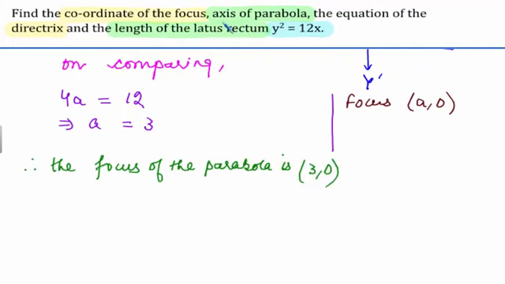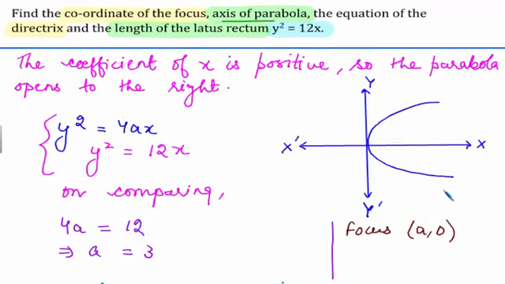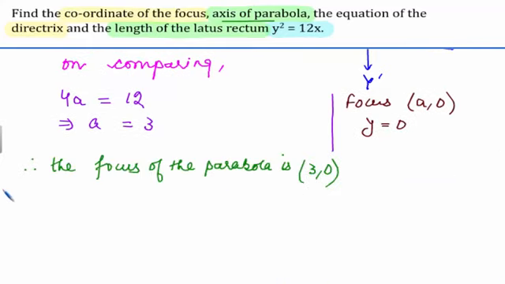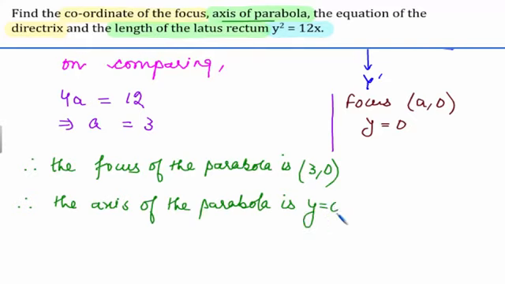Next we have to find the axis of the parabola. Now we know that for this parabola, which is symmetric along the x-axis and opens to the right, the axis of the parabola is y is equal to 0.